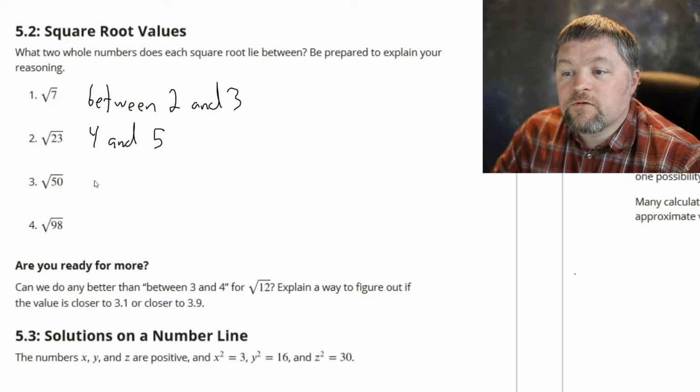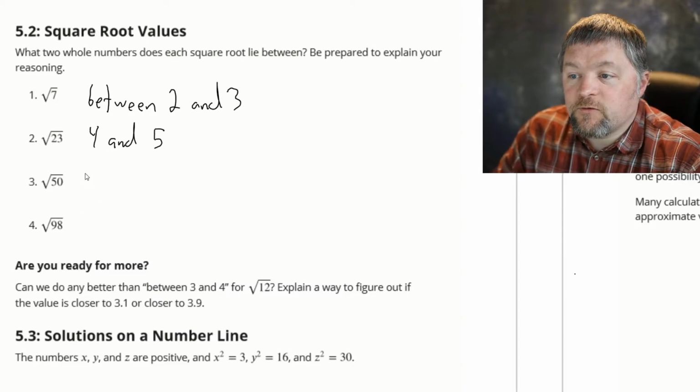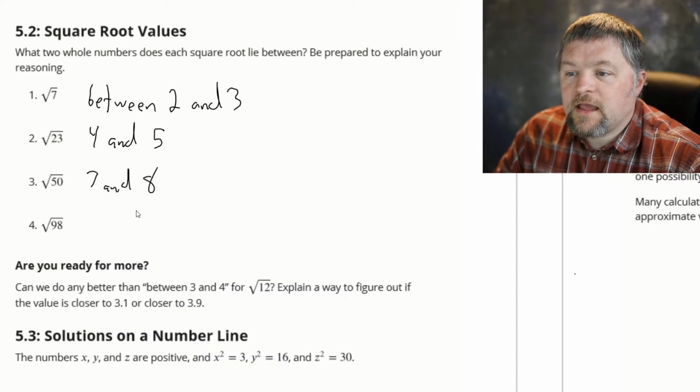The square root of 50 has to be between, well, what numbers do we know here? The square root of 49 is 7. The square root of 64 is 8. So this has to be between 7 and 8.